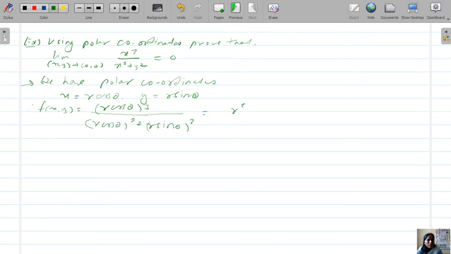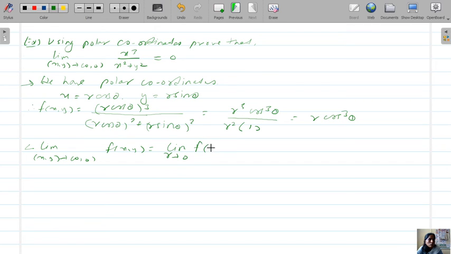You will get r cube cos cube theta upon r square, which is common, times cos square theta plus sin square theta, which is 1. So it is simply r cos cube theta, and therefore limit (x,y) tends to (0,0) of f of x y becomes limit as r tends to 0 of f of r cos theta and r sin theta.